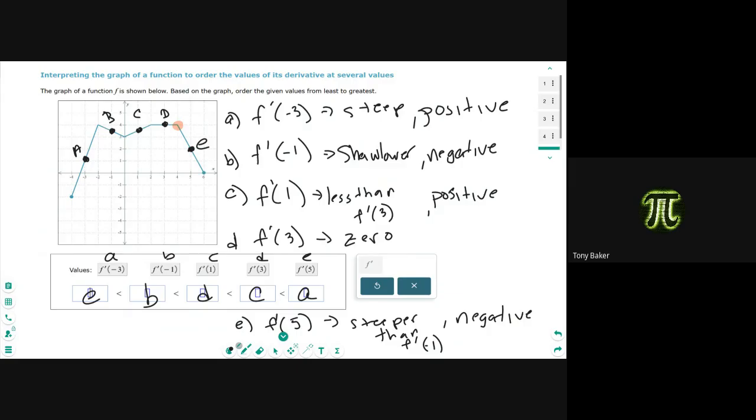Anybody else have a guess before I explain? Nothing there is wrong. But anybody else have a guess? I say it's going to have a slope of 0 because it's just reaching a point of turning. What have we talked about before this class? What have we been doing? Limits.